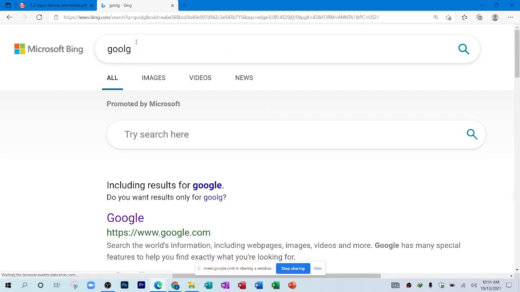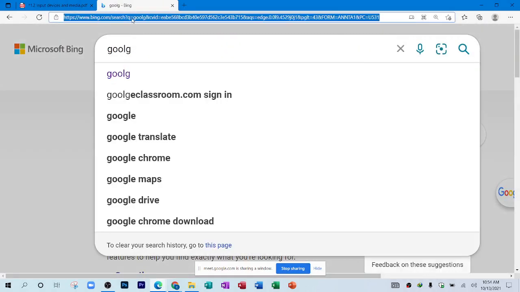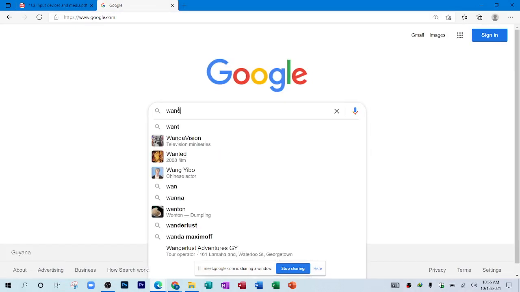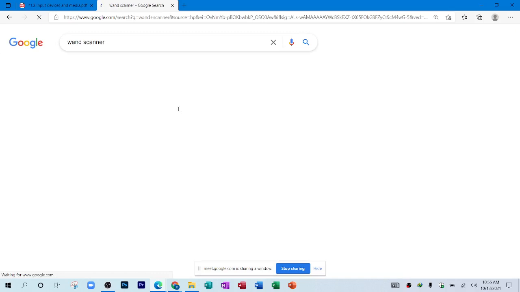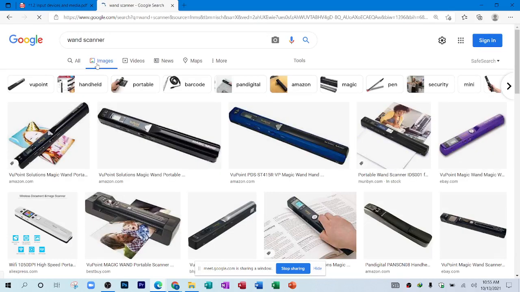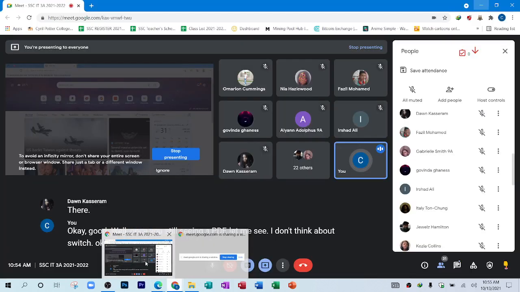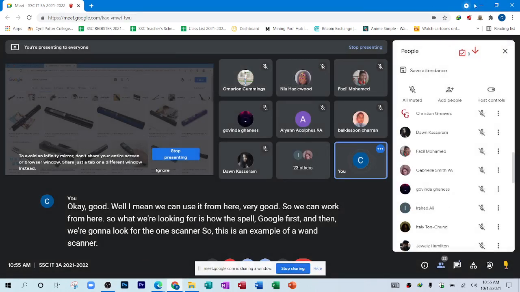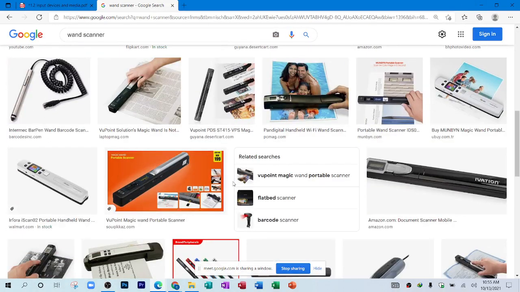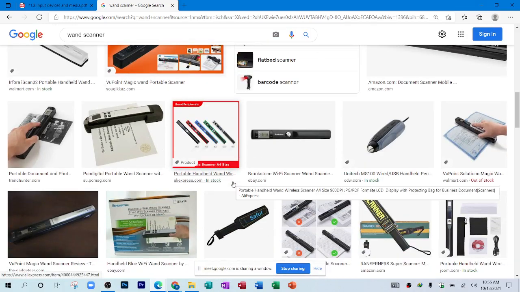So what we're looking for is how to spell Google first, and then we're gonna look for the wand scanner. So this is an example of a wand scanner. It's basically something that you would hold and it would scan the item.